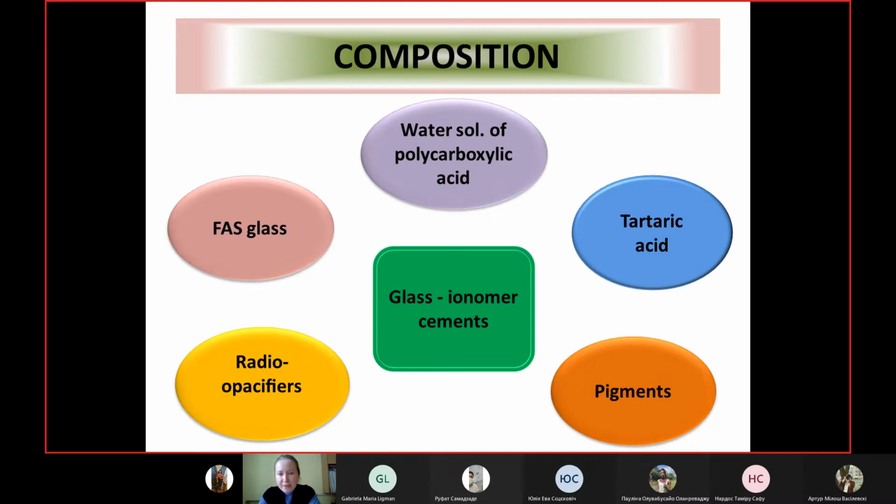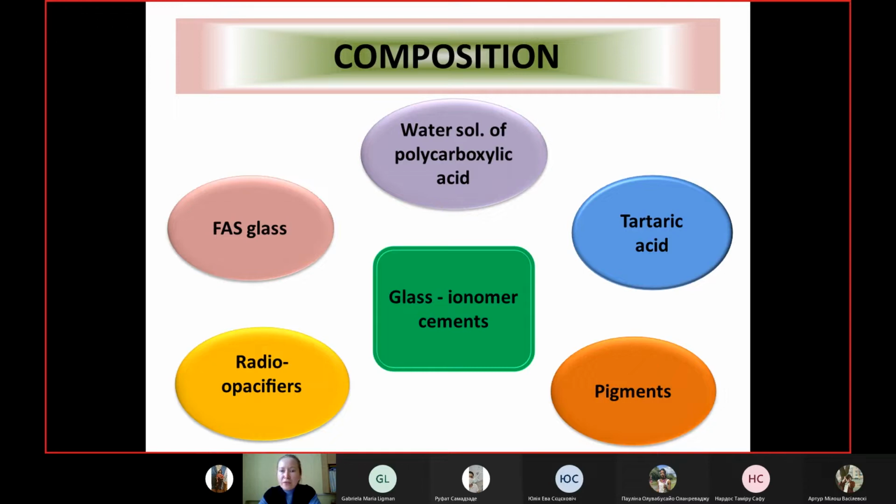Composition of glass ionomer cements. It has in its composition powder. Powder consists basically of fluoroaluminosilicate glass, and a water solution of polycarboxylic acid.